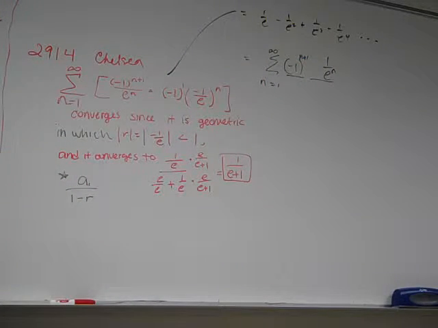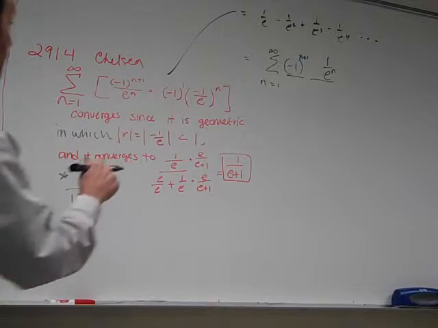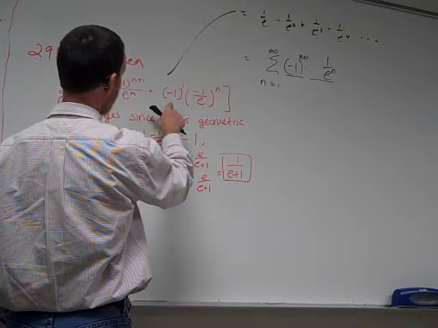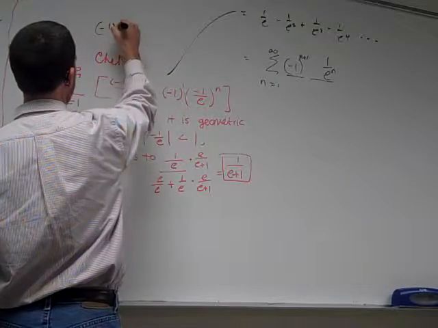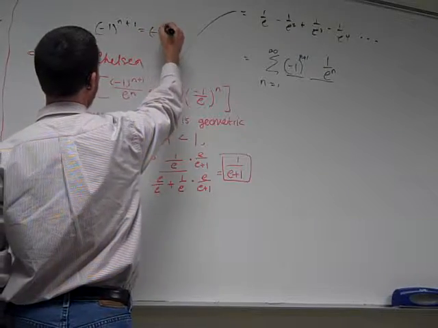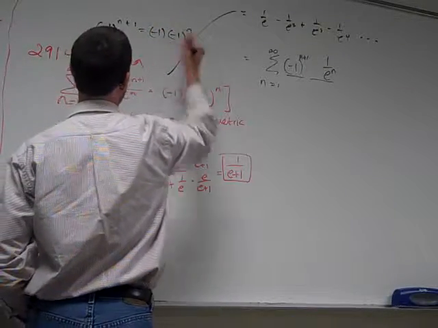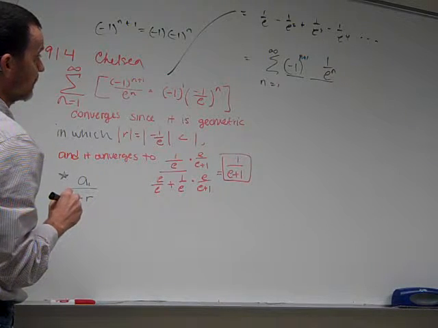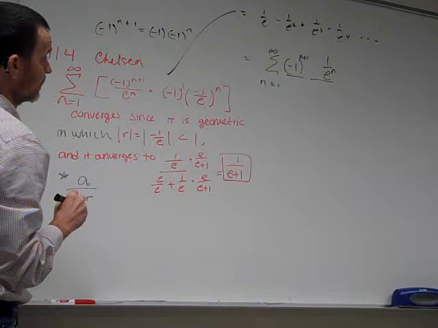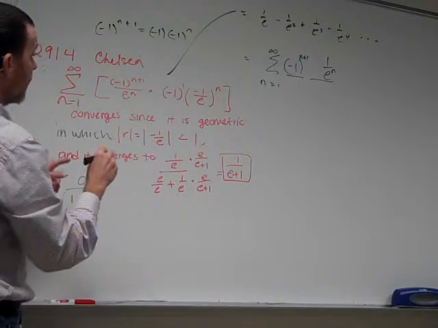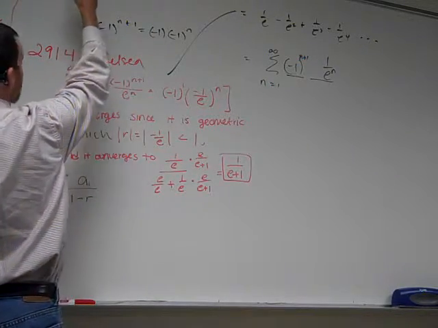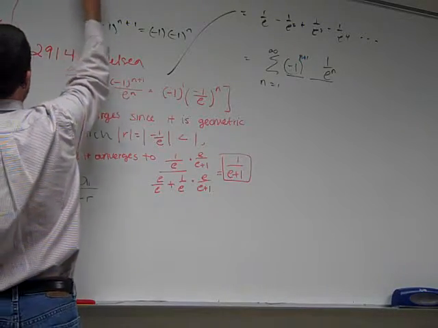Wait, what was that negative sign supposed to be? She factored out a negative; she's saying that -1 to the n plus 1 is equal to -1 times -1 to the n. It took me a few seconds to see it too.